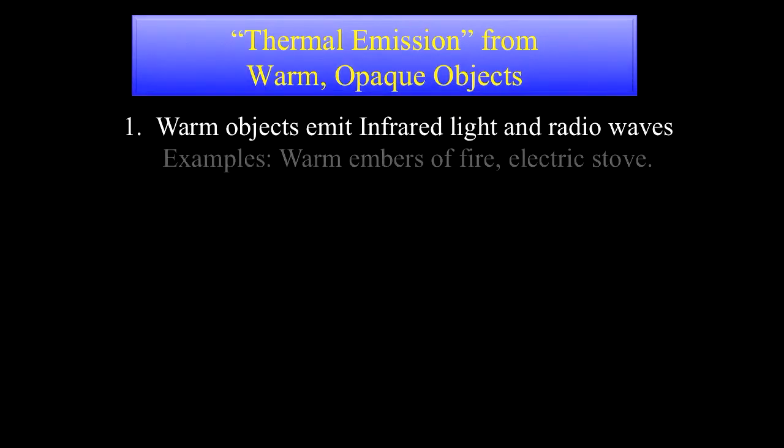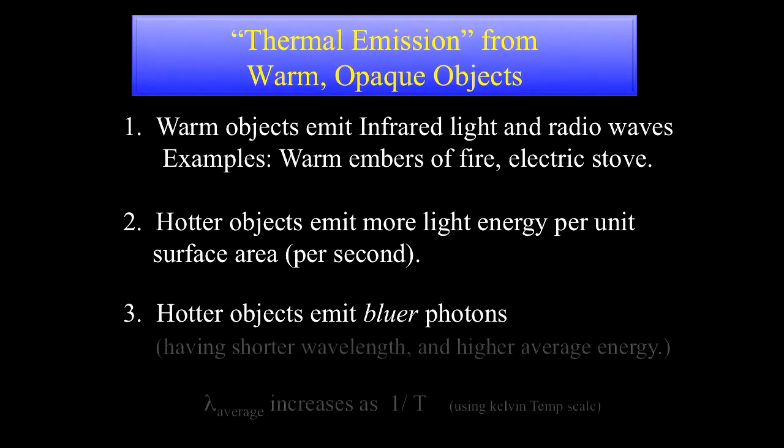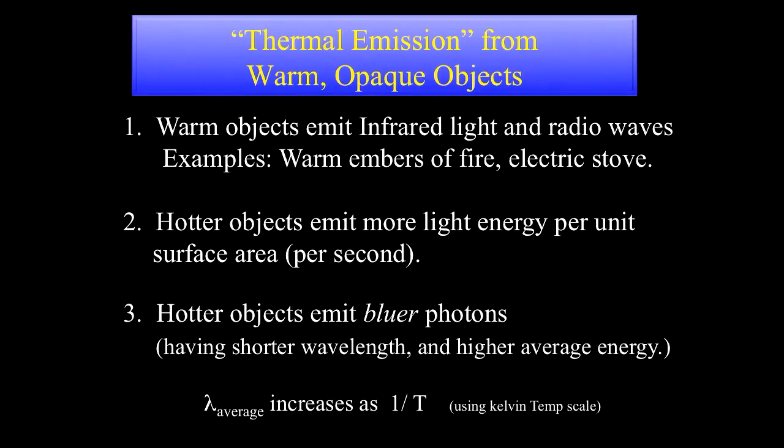Furthermore, in addition to those 2 points, there's a question of what wavelength of light the light comes out at in thermal emission. And the answer is that hotter objects, as I have said, emit more of their light in bluer photons, i.e. higher energy photons. This makes sense. A high energy, a high temperature object, a hot object, emits photons that have higher energy, i.e. bluer.